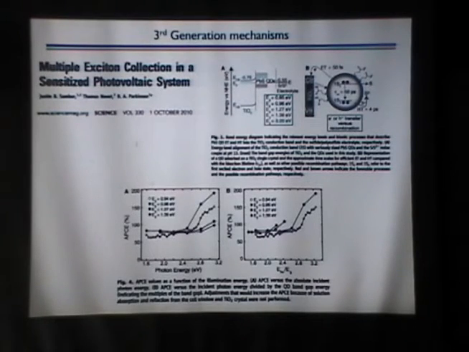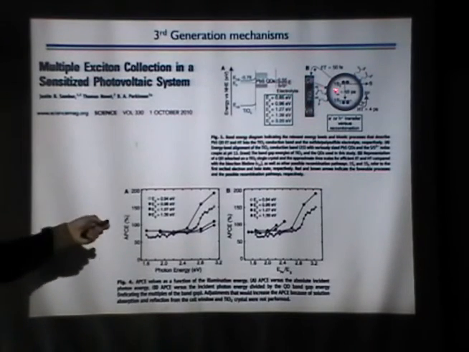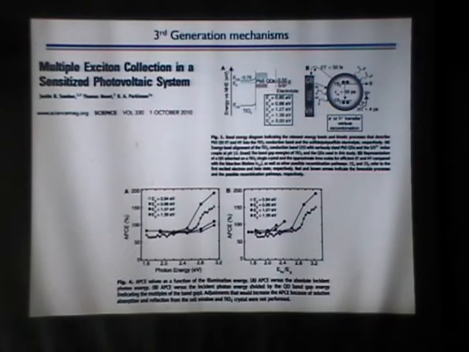So what they've done is taken a monolayer or sub-monolayer of quantum dots, attached them to TiO2 through a carboxylic acid group. And so you have the sub-monolayer group, hit it with light and measure the number of charges that come off. So what they plot are the absorbed photons per converted electron. Every absorbed photon, how many electrons come out.